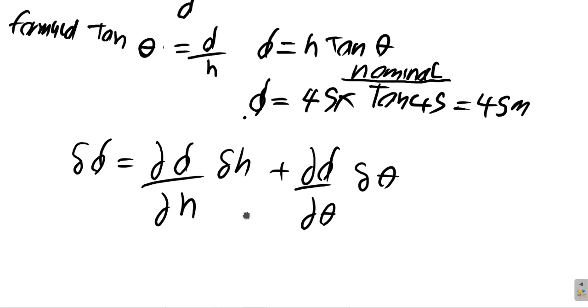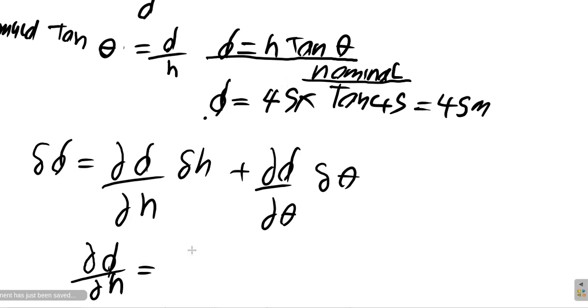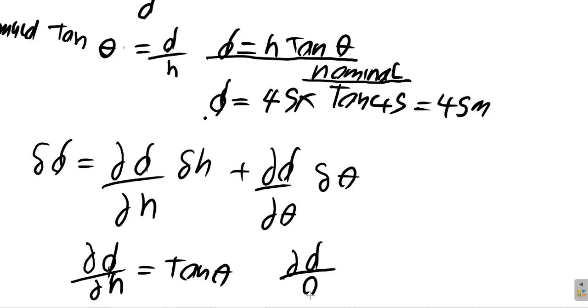Now, this is the formula that we're going to look at when we're doing the partial derivative. So, partial of d with respect to h equals, what do you get? Tan theta. Partial of d with respect to theta is going to be h sec squared theta.